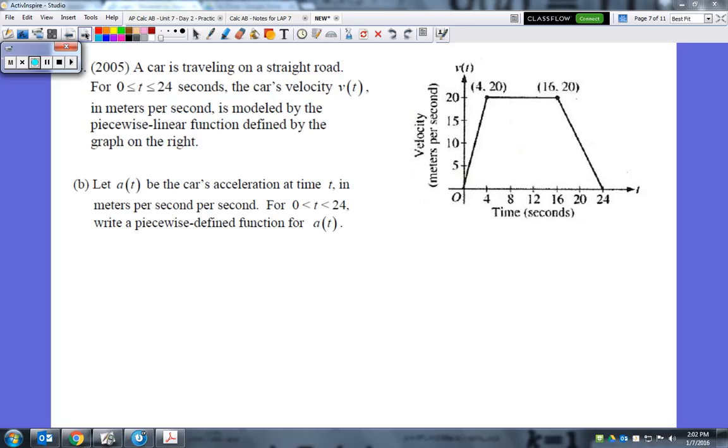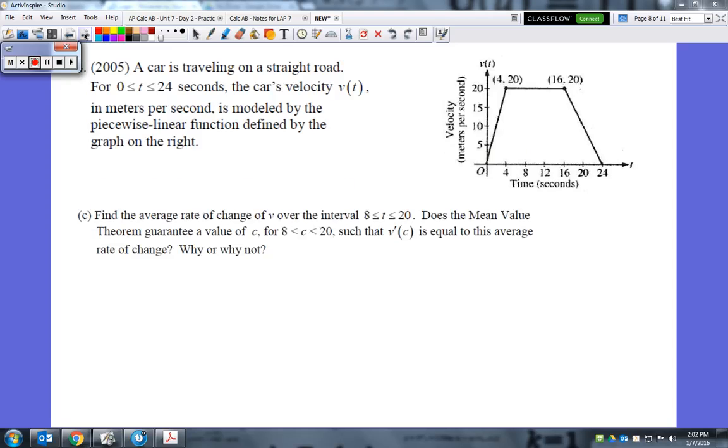What function I am looking at will determine what I interpret: the undefined part because it's an endpoint, or the y value of 0 because it's the function. There's a lot of that everywhere with the AP exam. Okay? Alright, the car's acceleration at time t in meters per second squared between 0 and this.